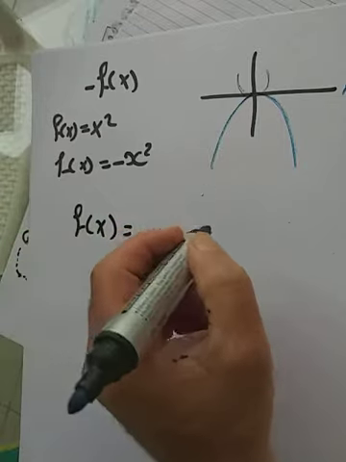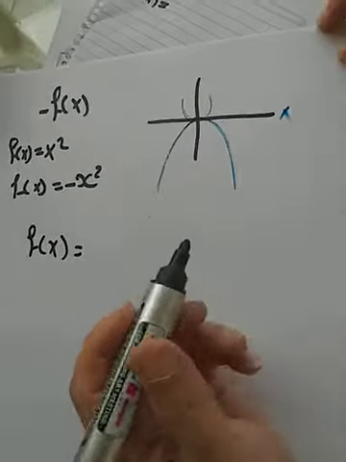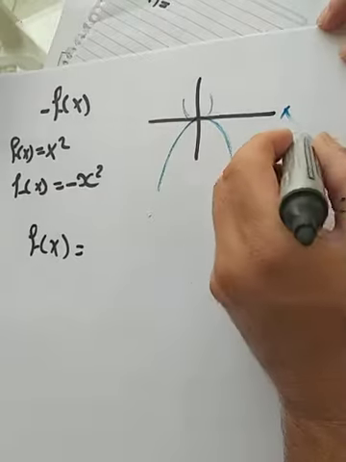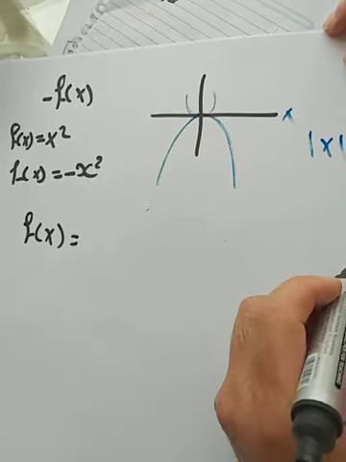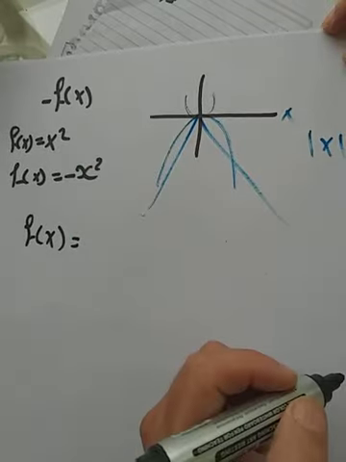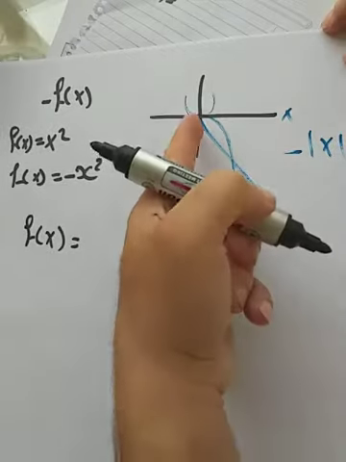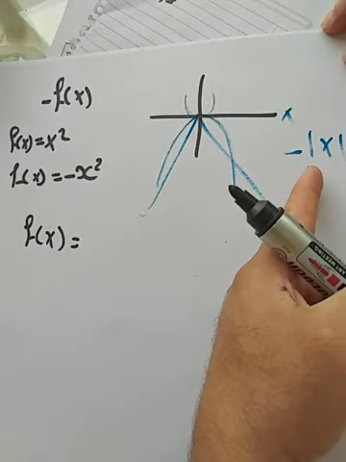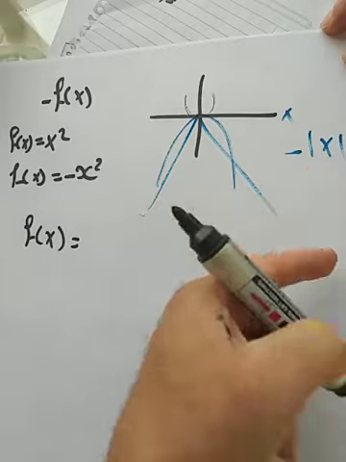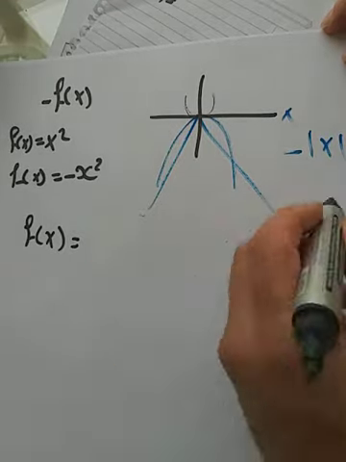f of x is equal to, my dear students, it is the same if you have absolute value of x. The graph would be like this one, negative. f of x equal to minus absolute value of x, this is downward. Radical x.